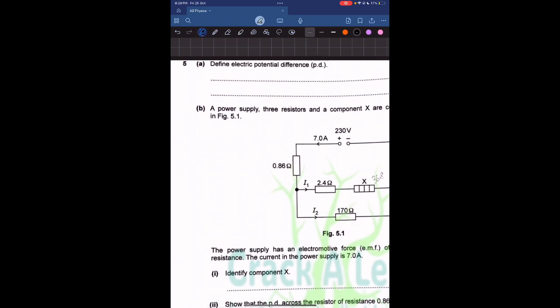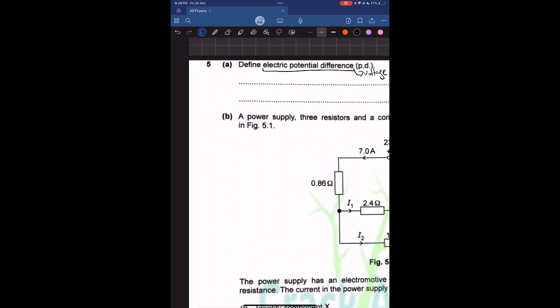Define electric potential energy. Potential difference is just a fancier way of saying voltage. That's all that is. And we know the definition of voltage is the work done per unit charge.